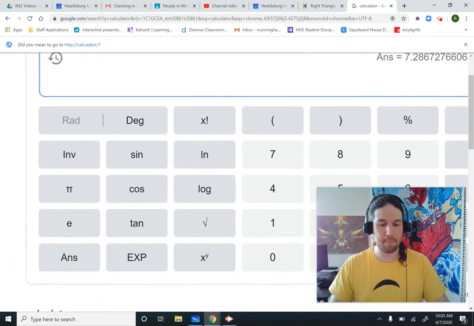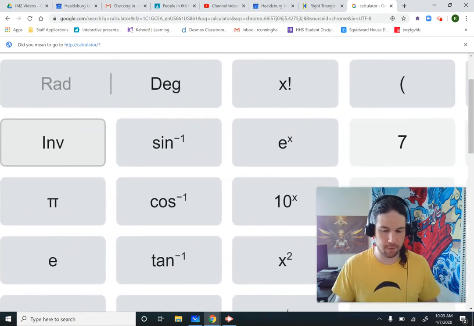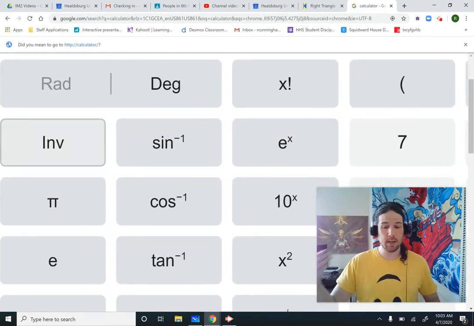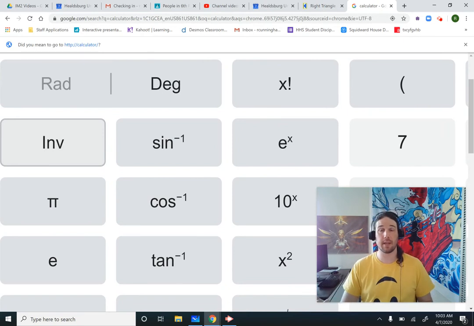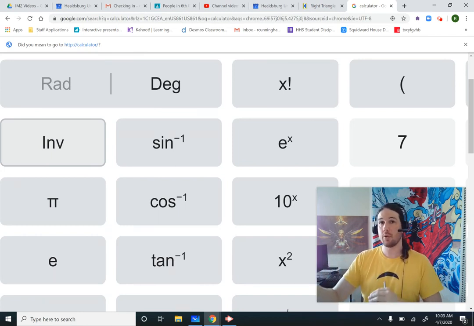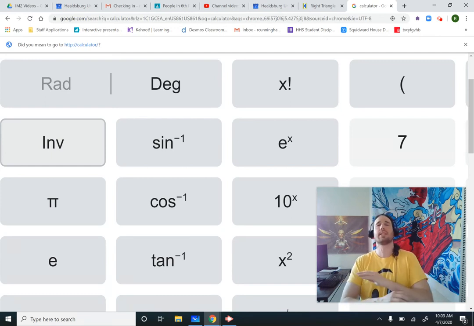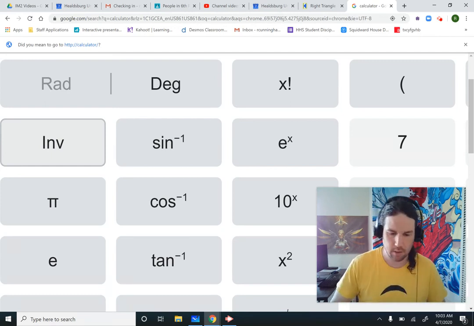So if I hit that button, inverse, do you see how the sine, cosine, and tangent have all changed to sine -1, cosine -1, tangent -1? Now when we hit that button, it will take the ratio that we feed it and give us the one angle that matches to that ratio. So once you know the ratio of the two sides, you can use that to find the angle, which again, if you're building things, is just ridiculously useful.